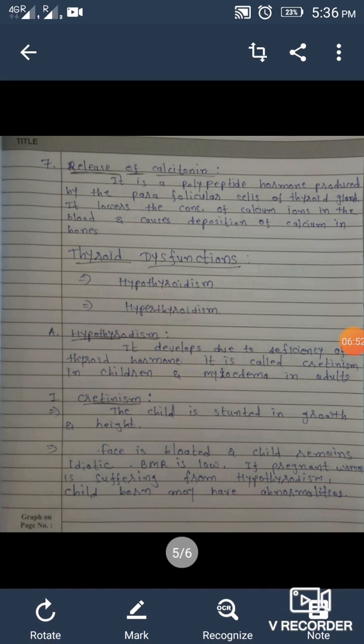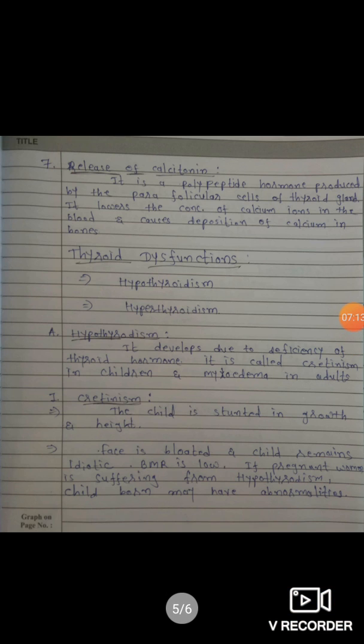Here thyroid hormone will decrease, and in hyperthyroidism there is an increase in release of thyroid hormone. Now let's start with hypothyroidism, which means decrease of thyroid hormone. It will develop due to deficiency of thyroid hormone.